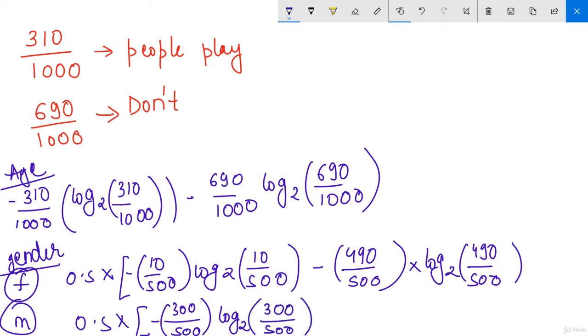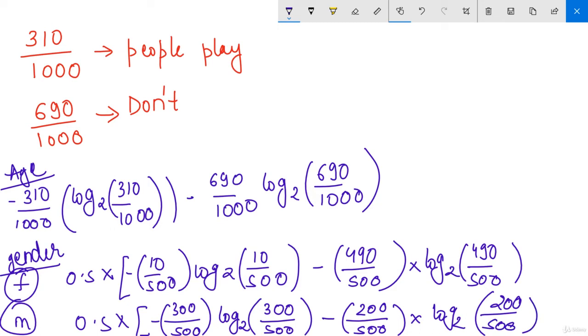It is a task for you to find the values, then subtract and find the information gain here. Whichever is the highest information gain, you will split on the basis of that.